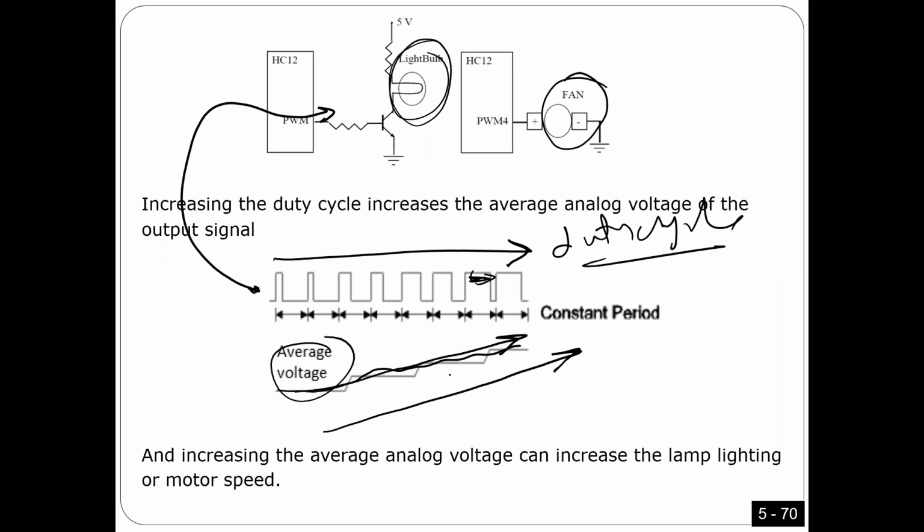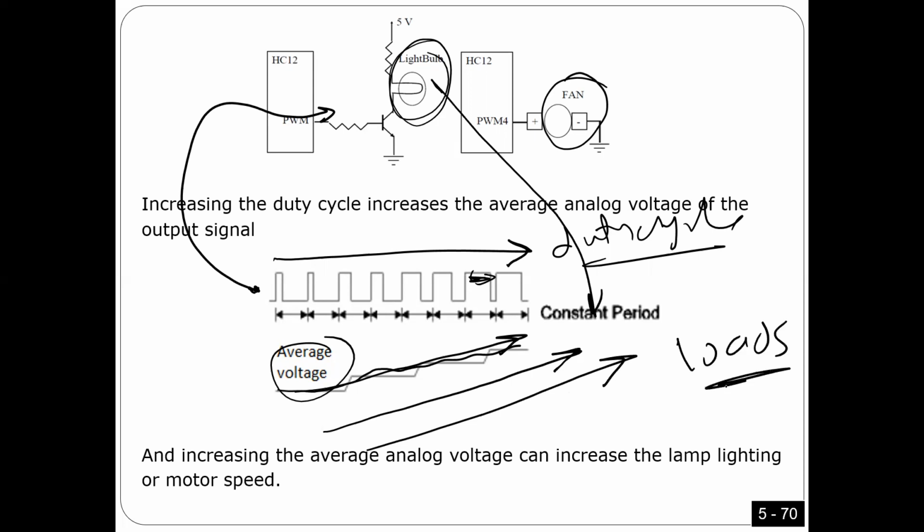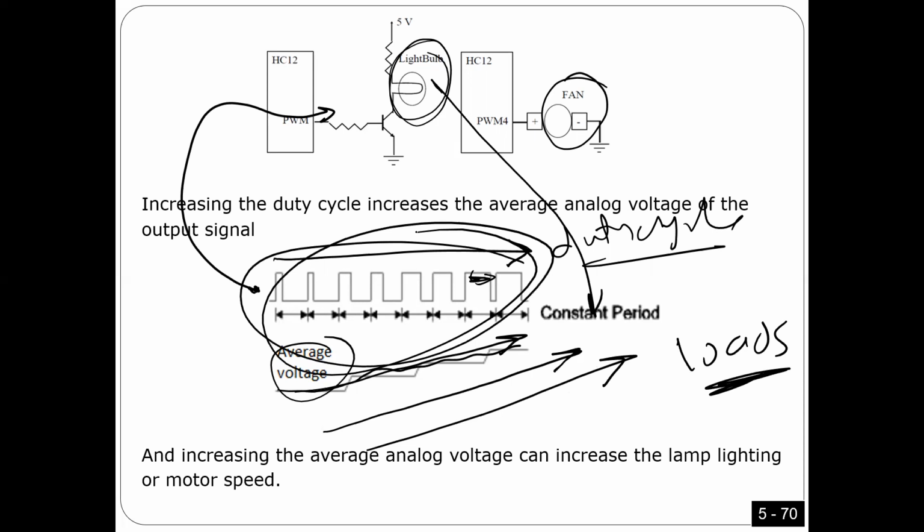For the bulb, as you go this way, you actually increase the lighting, so it's going to be brighter. So there are some loads where we use this signal to control them. If you want to control the brightness of the light, I can control it using this signal. Same thing for the speed of the fan.